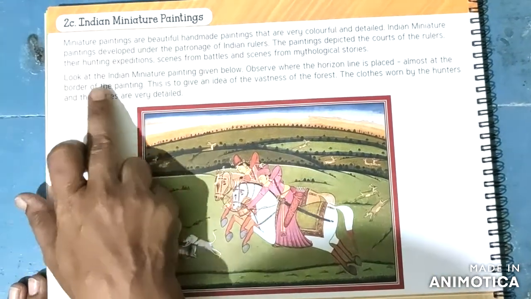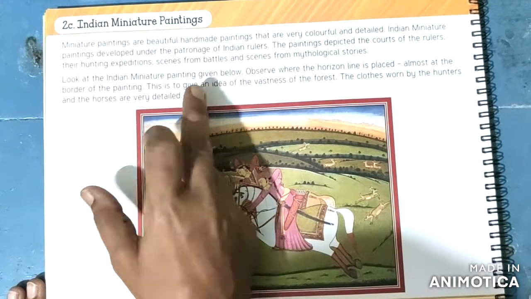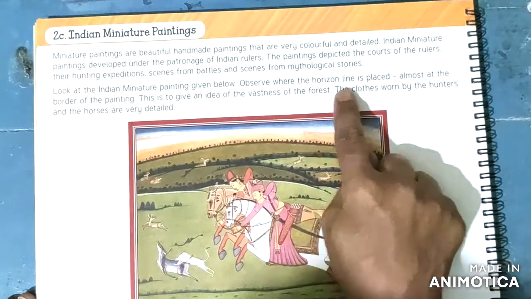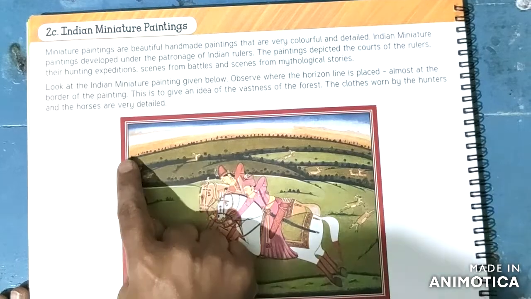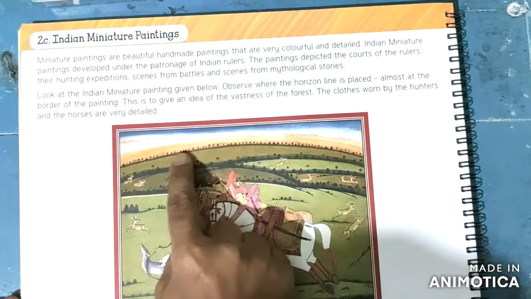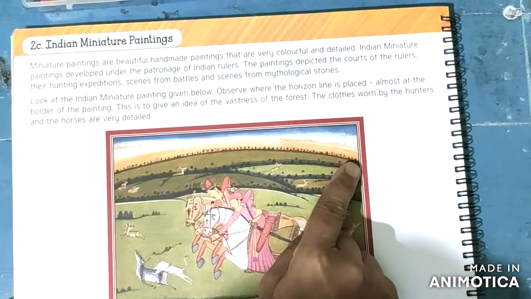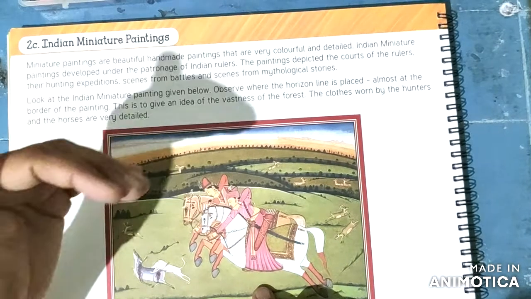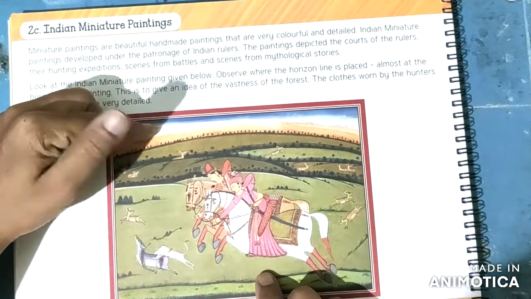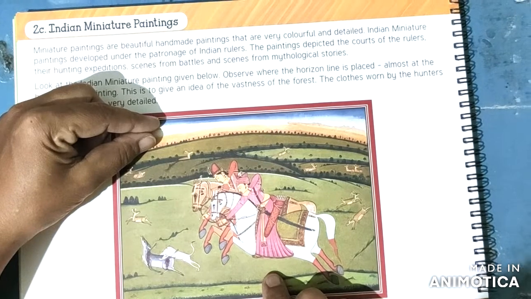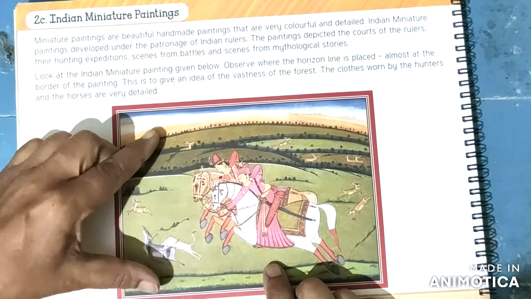Okay. Now look at the Indian miniature painting given below, this picture. Observe where the horizon line is placed. This one is the horizon line. See, this is the horizon. Horizon means where we can see the sky touching our ground.